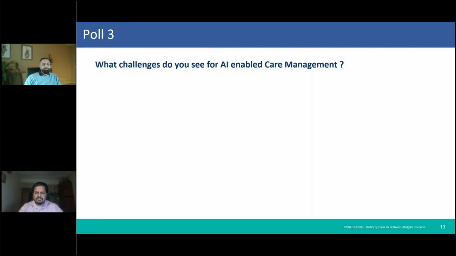If there's anything else, use the question area to drop those into the question box when we get done here with the poll. And just curious to hear what the other concerns are, challenges you see for AI-enabled care management.